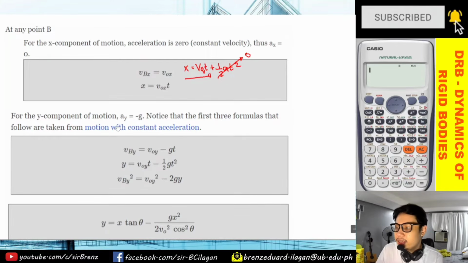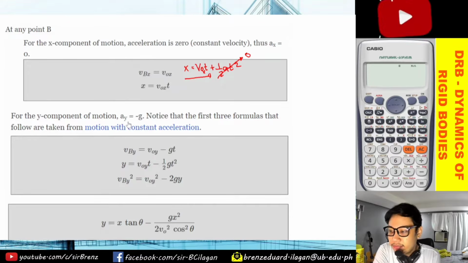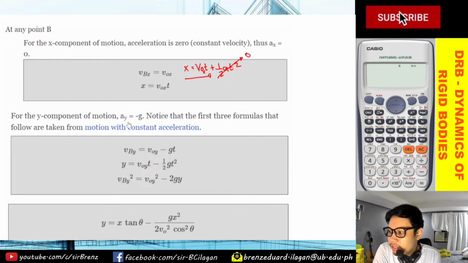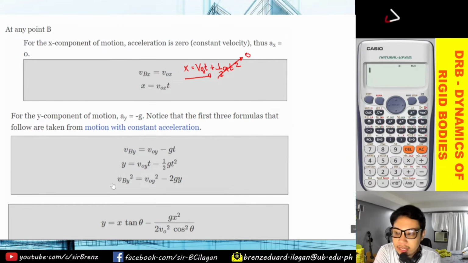Next set of formulas, for the y component of motion, yung acceleration in y direction is equals sa negative g. So notice that the first formulas that follow are taken from motion with constant acceleration, or ito nga yung mga formulas na ginamit natin for the free falling bodies. So mapapansin nyo naman, kamukha lang ng ginamit natin.